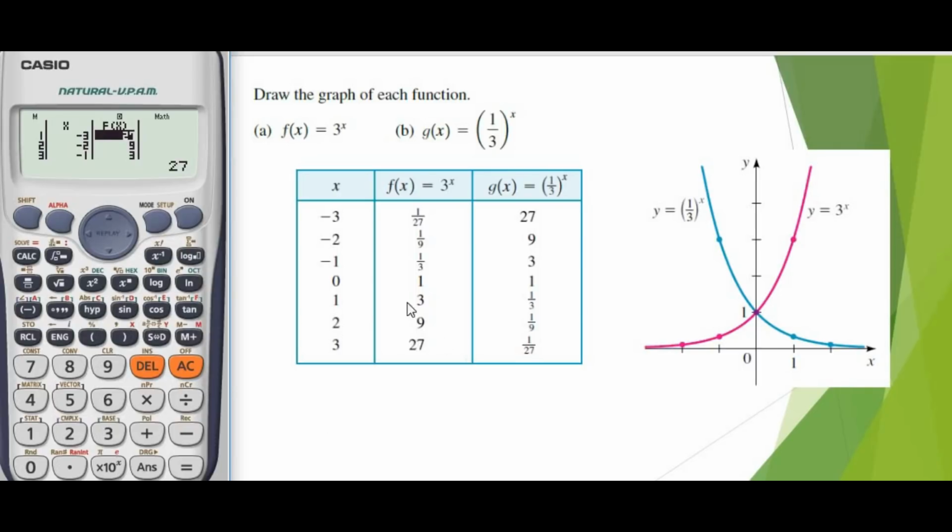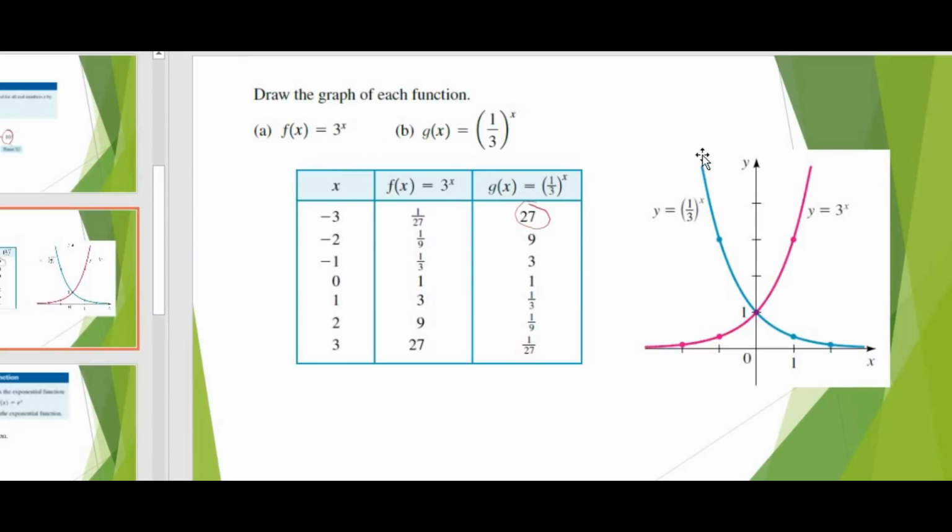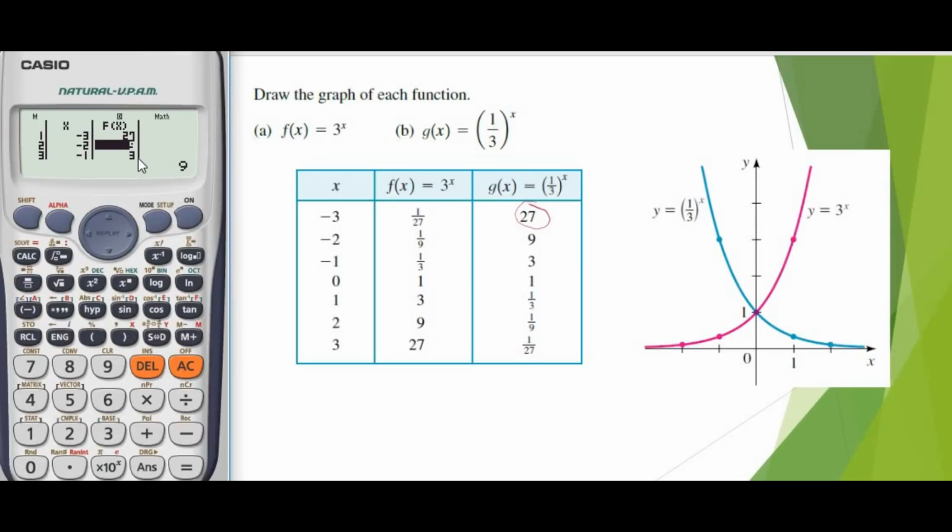So for when x equals -3, it would be 27. Next is 9. Next is 3. Then 1, and 1/3.